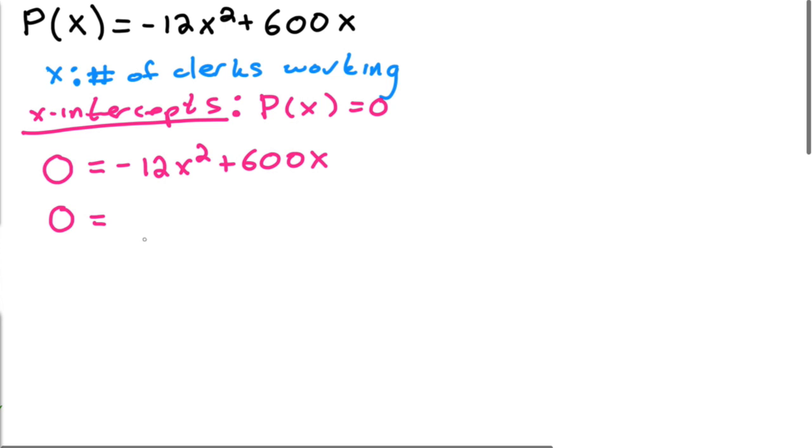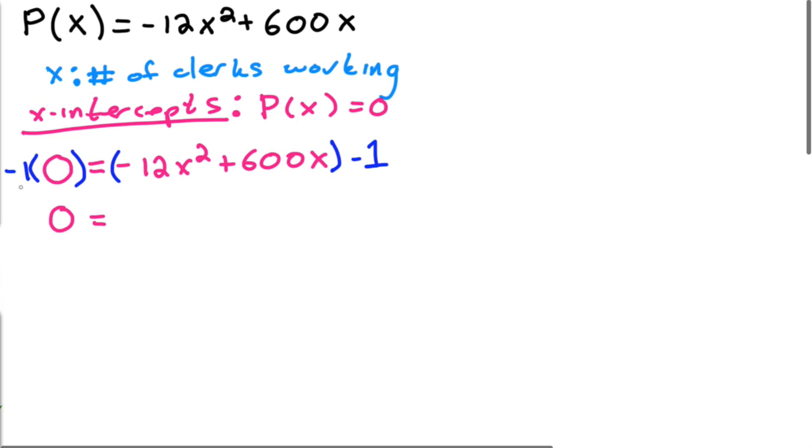From here, I can factor out a 12. Well, actually, why don't we do this? Because this will make it a little bit easier. Why don't we multiply both sides by -1? You don't have to do this, but it's just going to make our numbers a little bit easier.